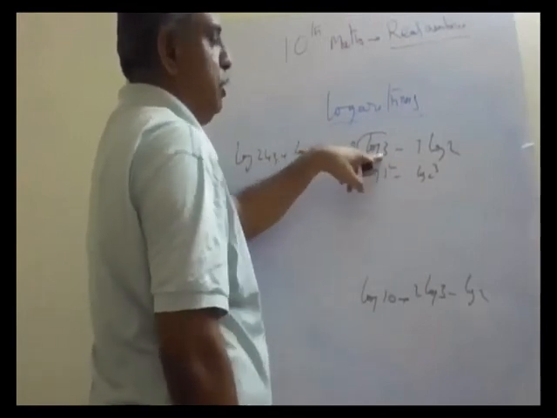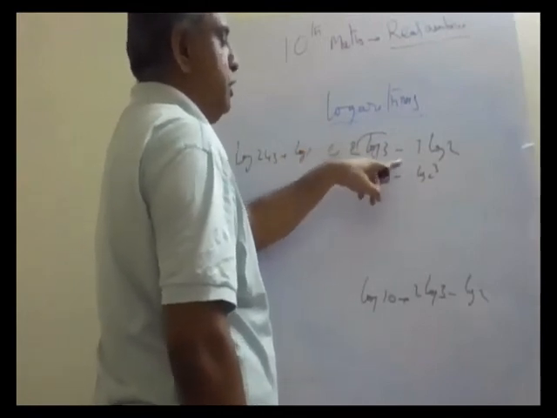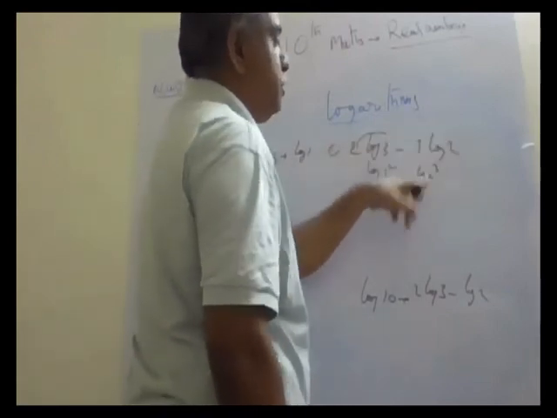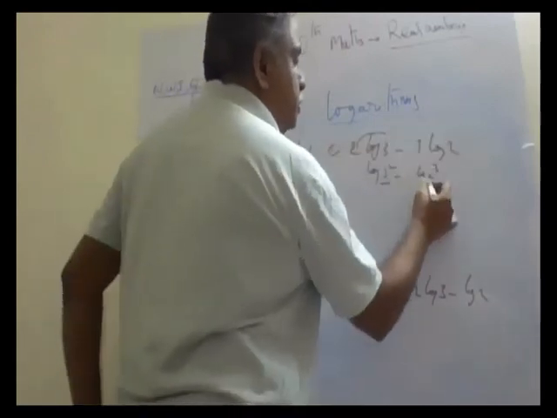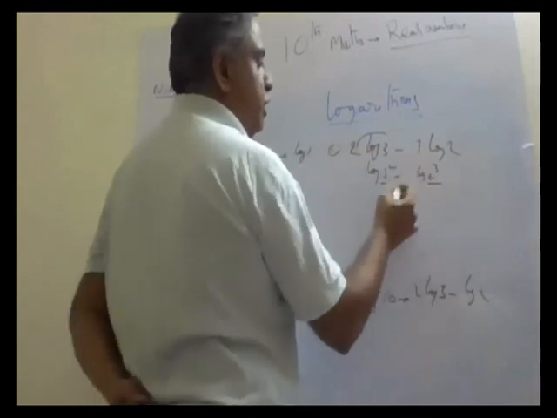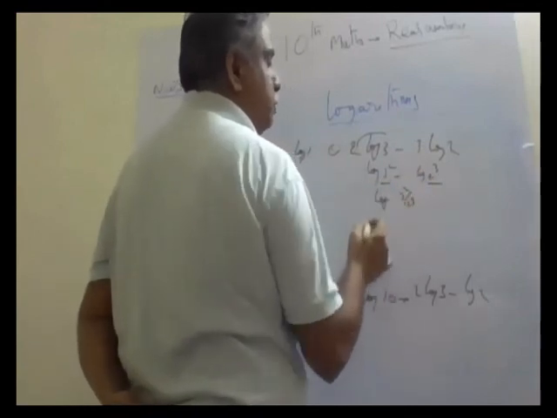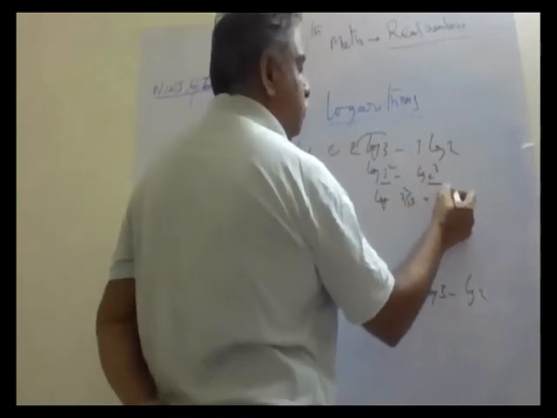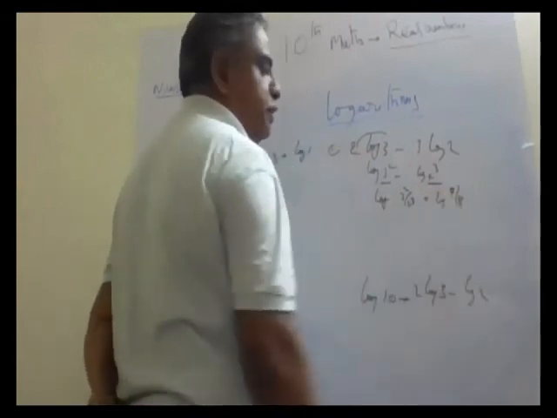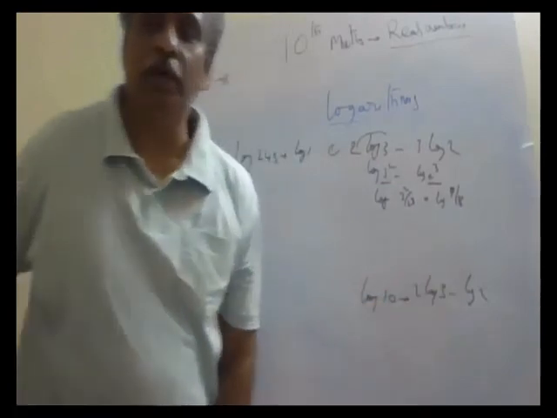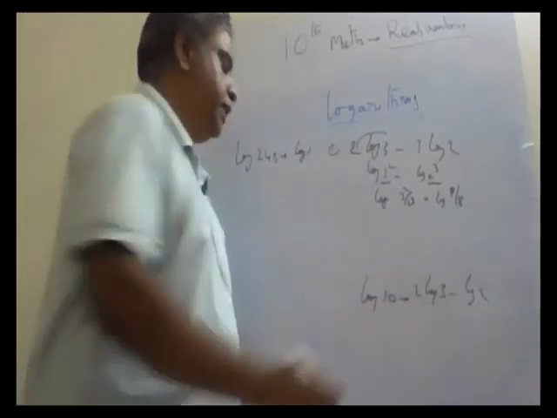So 2 goes to the power side, and 3 log 2, 3 goes to the power side: 2 cube. This is A, this is B. Log A minus log B is equal to log of A by B. So 3 square by 2 cube, that means log of 9 by 8.